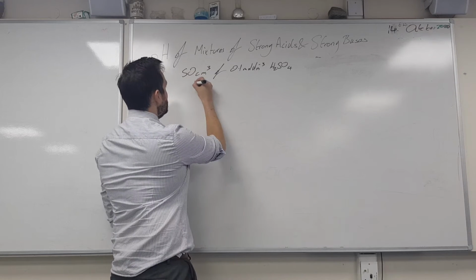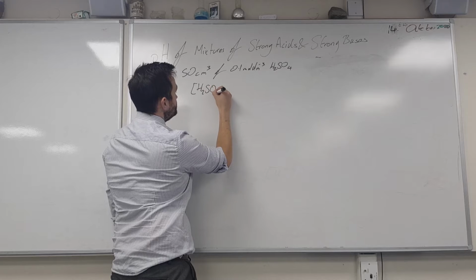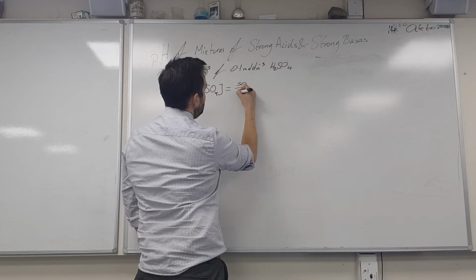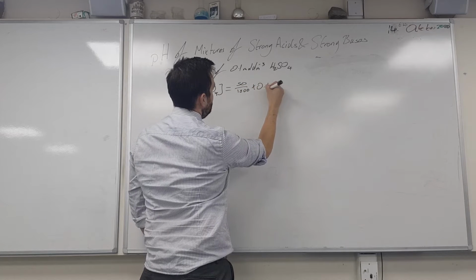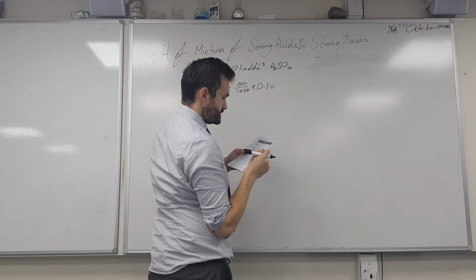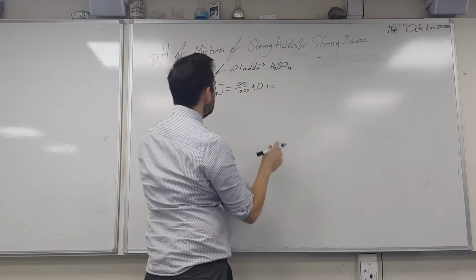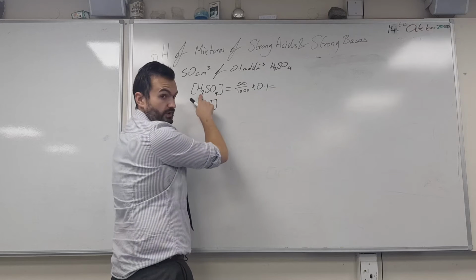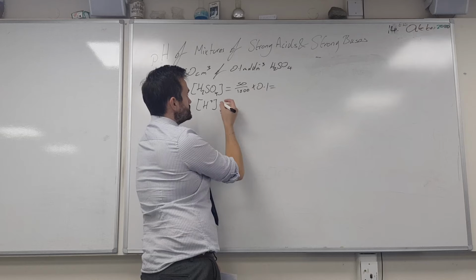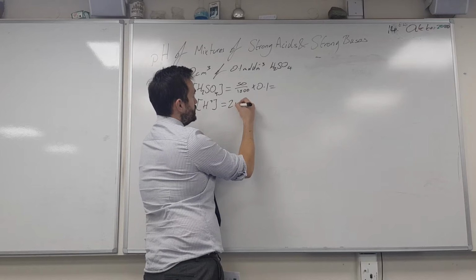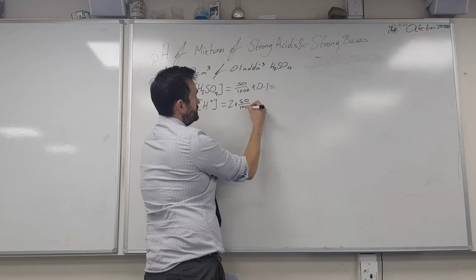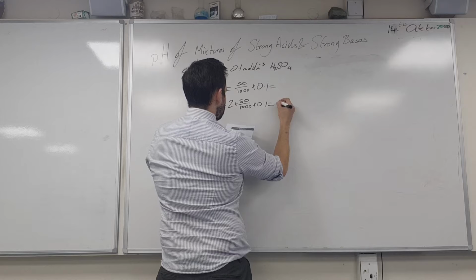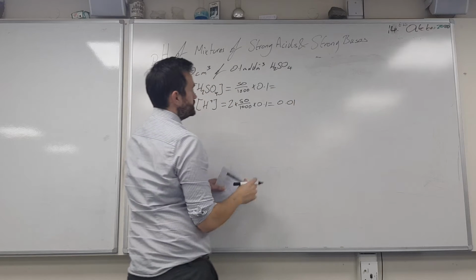So our H2SO4 is 50 over 1000 times 0.1. Because this is diprotic, our H pluses are going to be twice this, so 2 times 50 over 1000 times 0.1. And they give us that answer, which is 0.01.